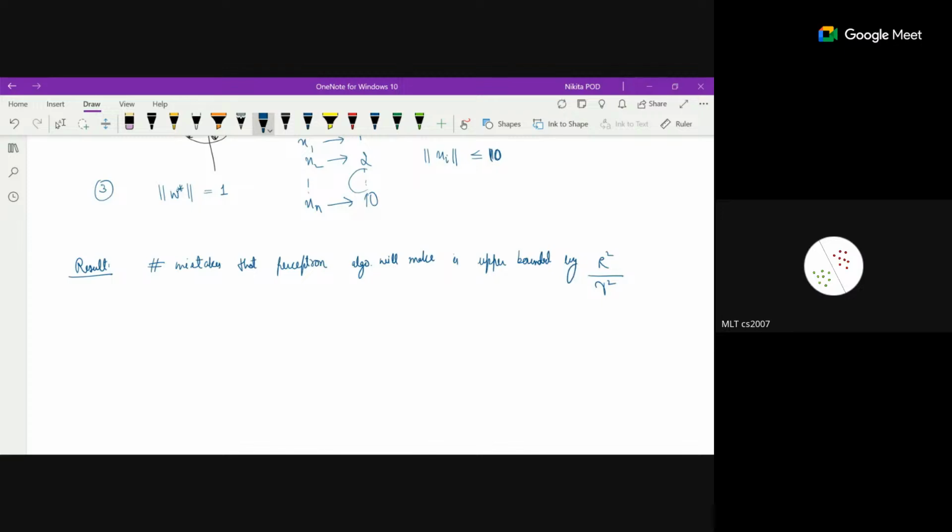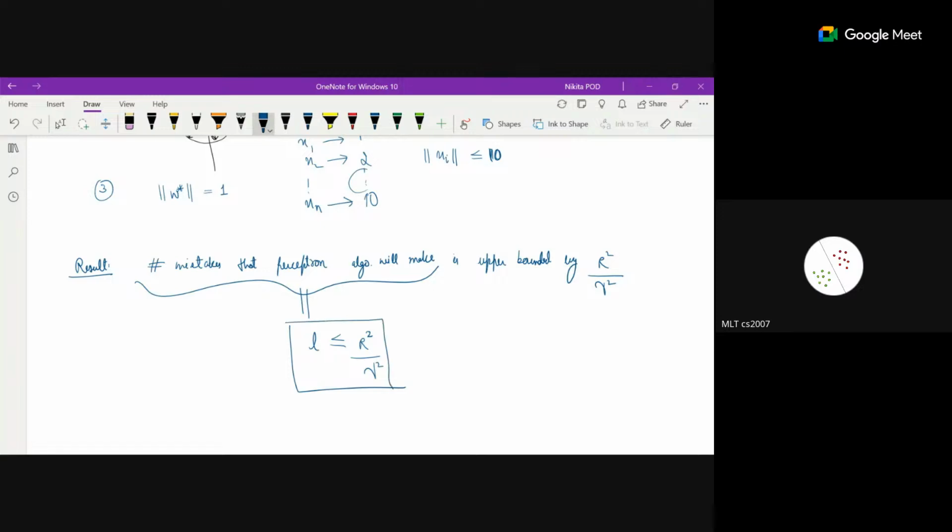If I call the number of mistakes that the algorithm makes L, then L is less than or equal to R square by gamma square.